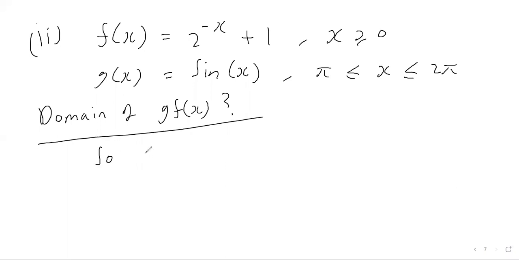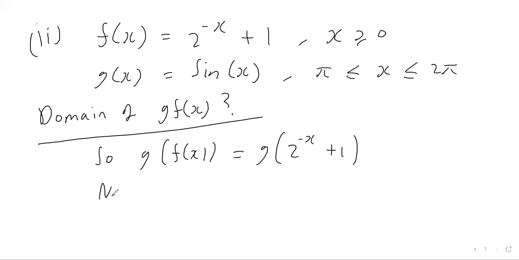So we know that g of f of x is just going to be the same as g of 2 to the minus x plus 1. Okay, so for this function to exist, we need 2 to the minus x plus 1 to be in the domain of g.